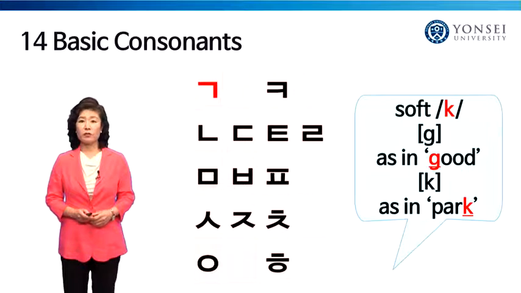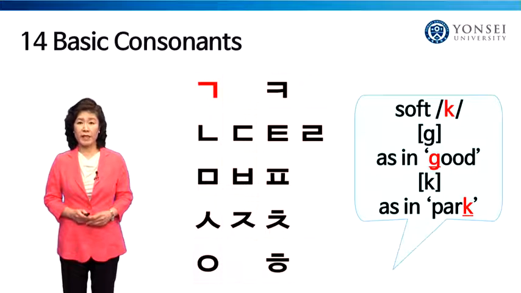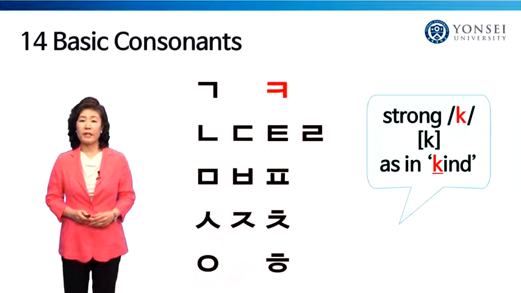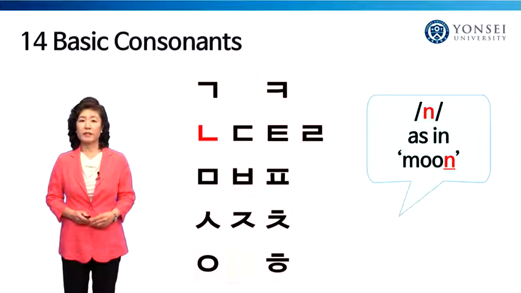기역 is not a strong K sound or a voiced G sound, but pronounced in a soft K sound in an initial letter. Q is a strong K sound. Niun is similar to the English N sound.